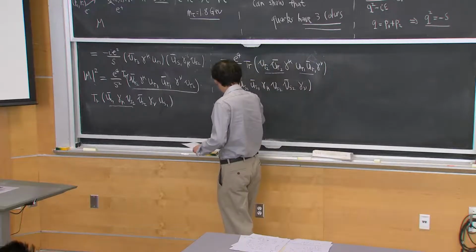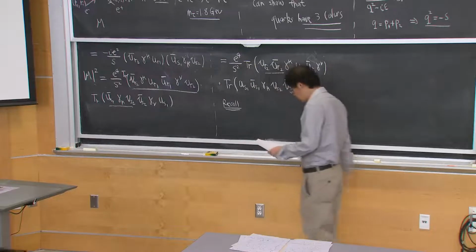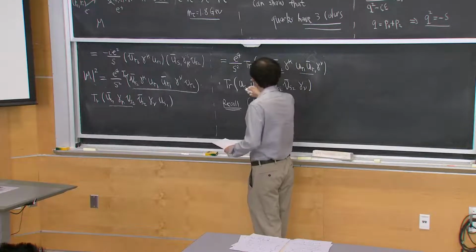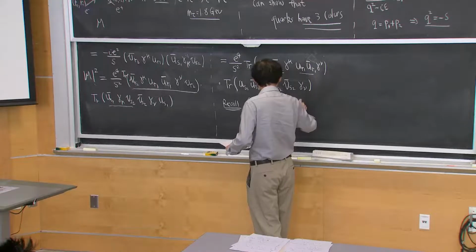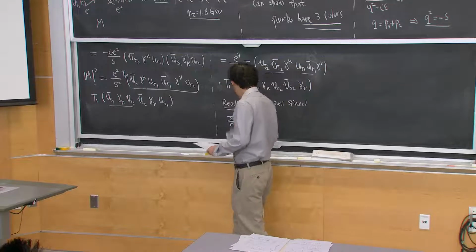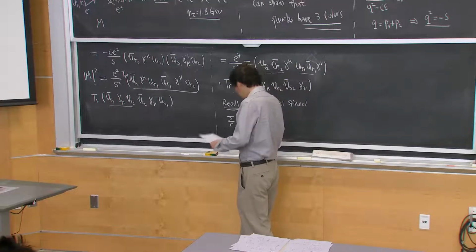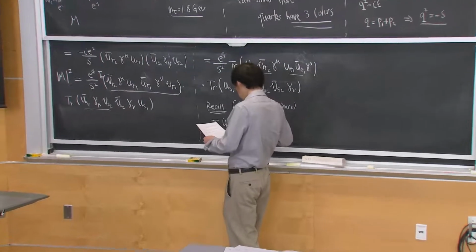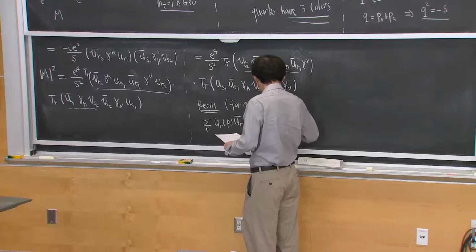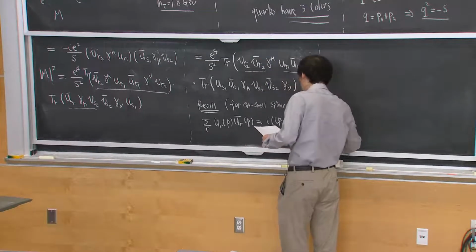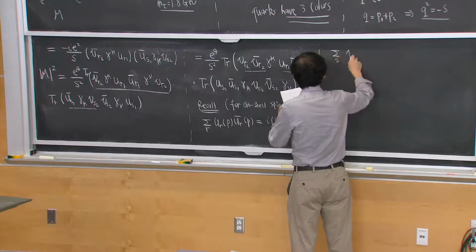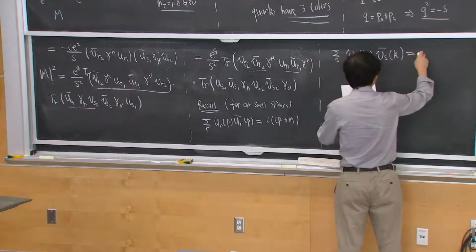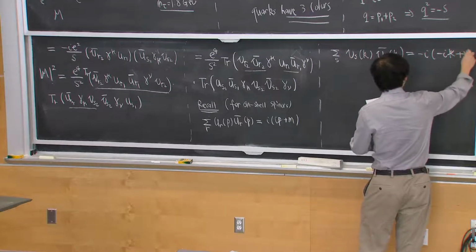Recall that for on-shell spinors, meaning those that satisfy the equation of motion, they satisfy the following: if you sum over all the R of U R of P, U R bar of P, that gives you minus I P slash plus M. And when you sum over V, you get minus I K slash plus M.